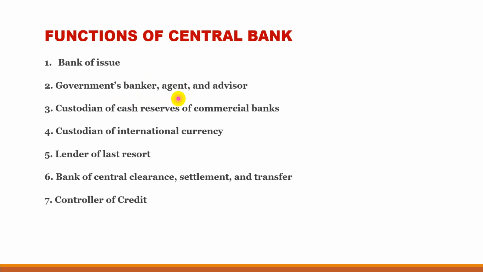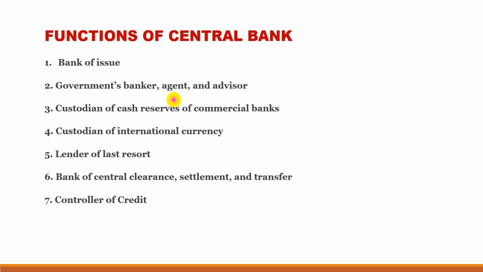Government's banker, agent, and advisor. As banker to the government, the central bank makes and receives payment on behalf of the government, central government as well as the state government. It helps the government with short-term loans and advances in times of difficulty.